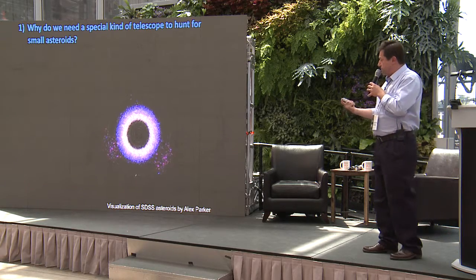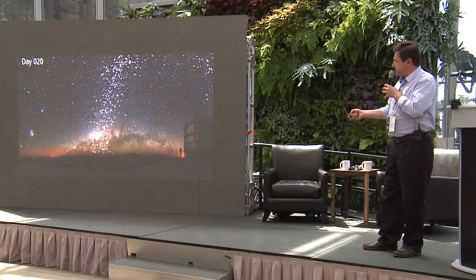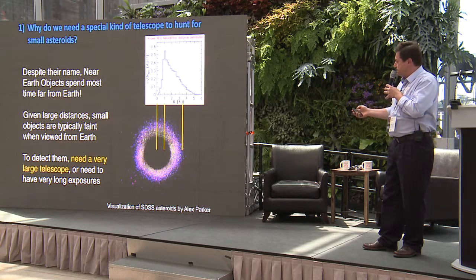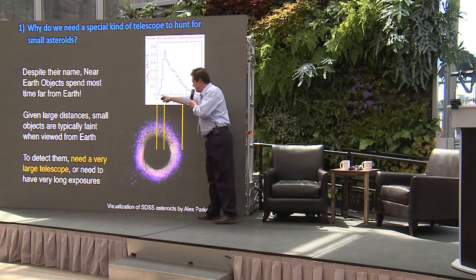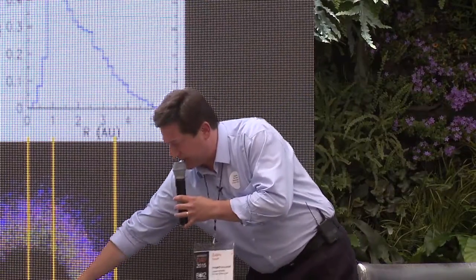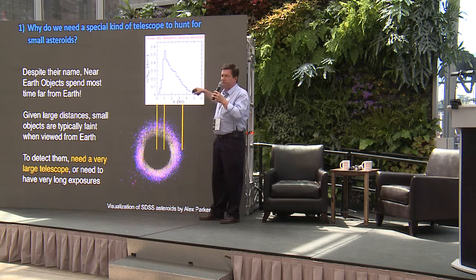That is more quantitatively shown here in this diagram. The vertical axis here is the distance from Sun. This line shows where you typically find these objects.